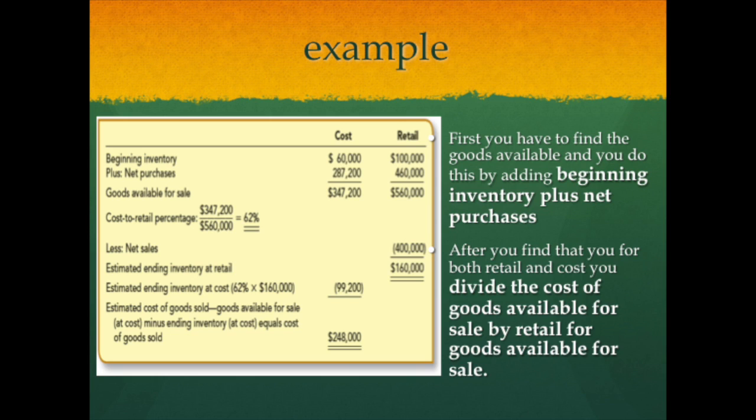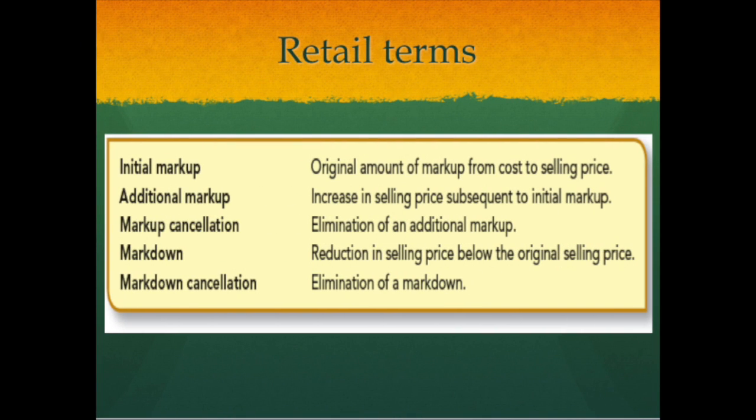So for the cost retail percentage, you take the cost, 347,200, divided by 560,000, and you get 62%. So there's your cost retail percentage.